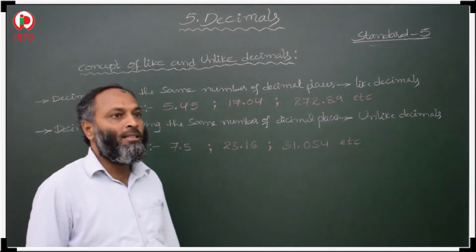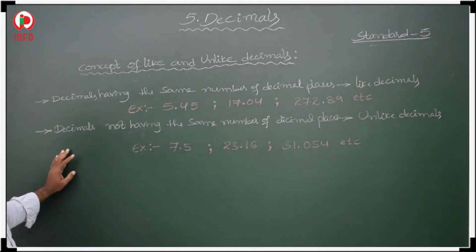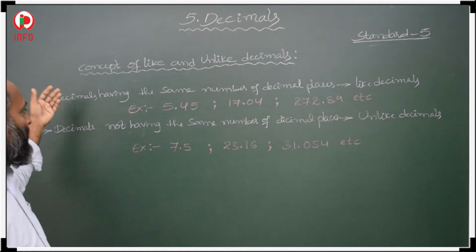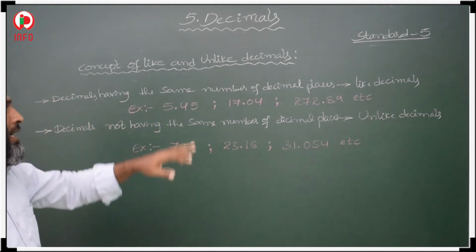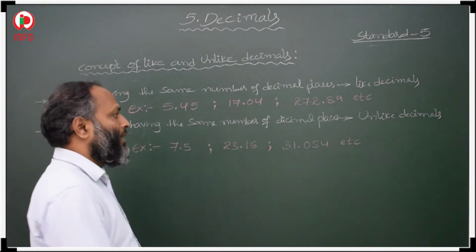So what are like decimals and what are unlike decimals? Here definitions are given. Note down these definitions. First listen: decimals having the same number of decimal places are called like decimals.